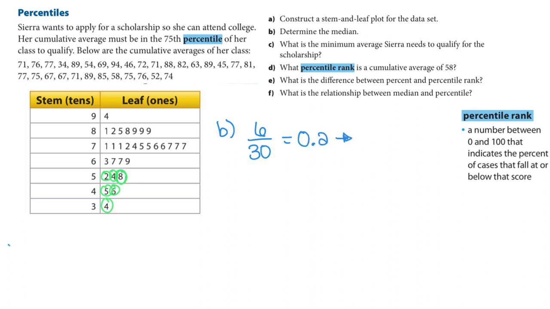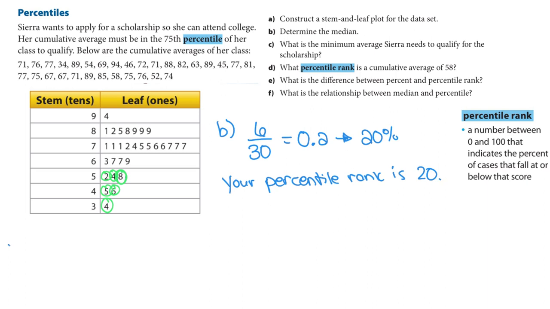Well, we just multiply by 100, and it is 20%. So if you have a 58, your percentile rank is 20, or you're in the 20th percentile.